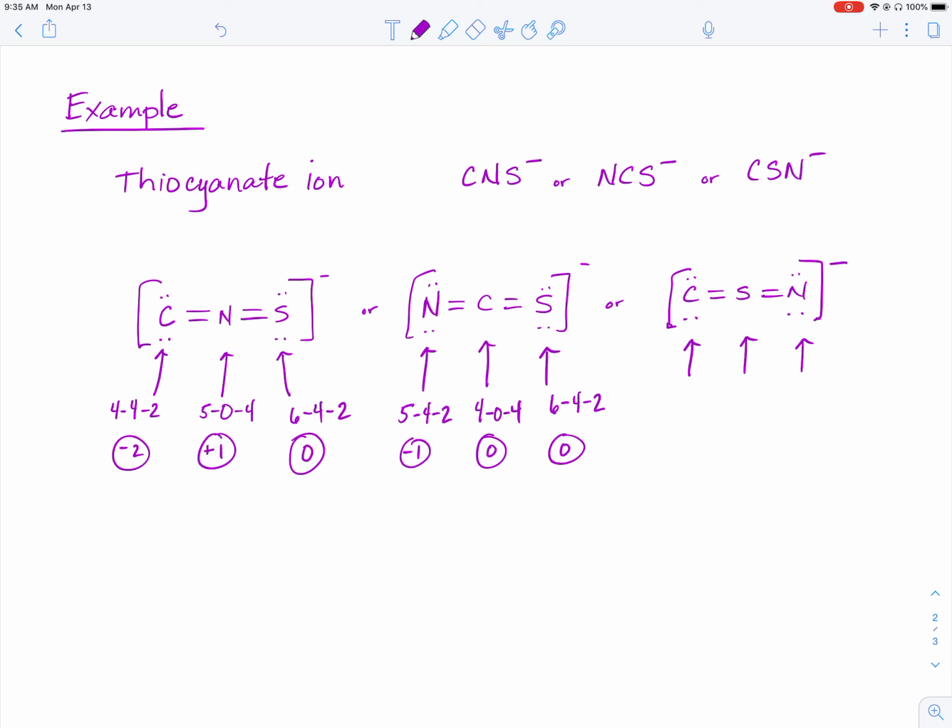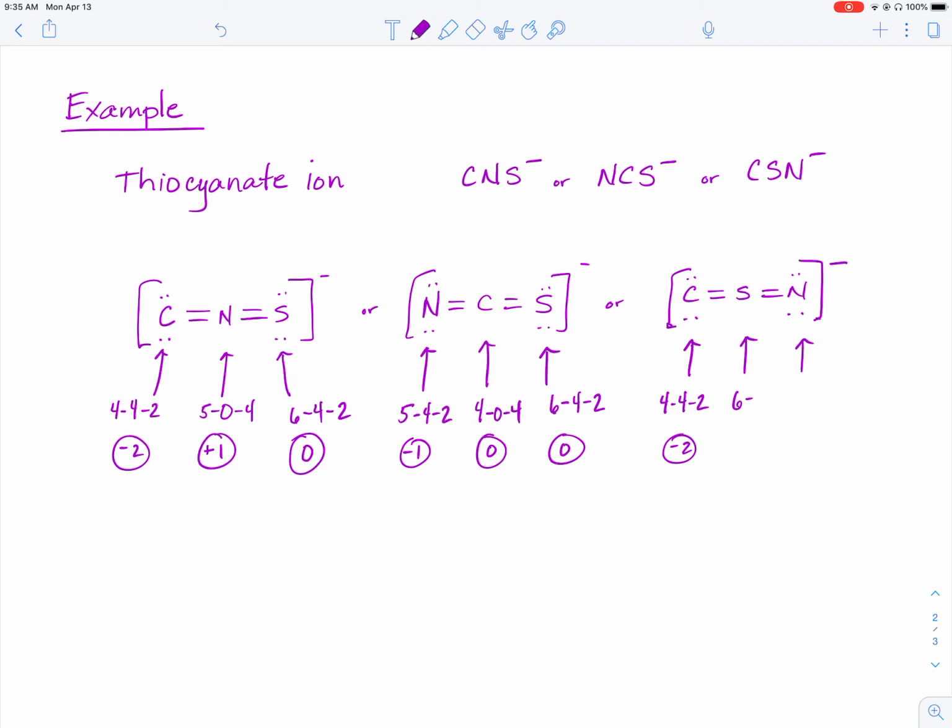That's looking better. This structure, based on the fact that there are 2 zeros versus 1 zero in the first one, we could probably cut that first structure out and say more likely than not that this is the structure, but then we need to compare it to this one. So let's see what it says. Let's do carbon. That's 4 minus 4 minus 2, so that's negative 2.